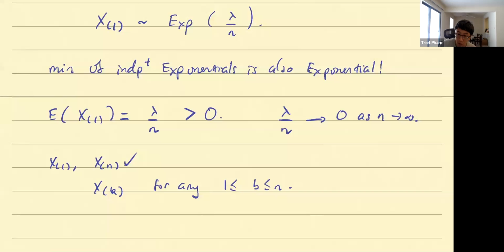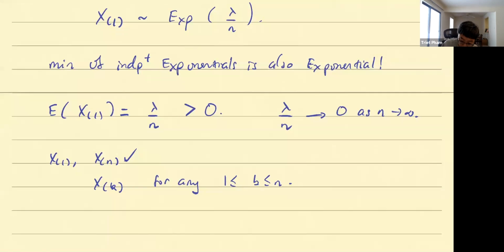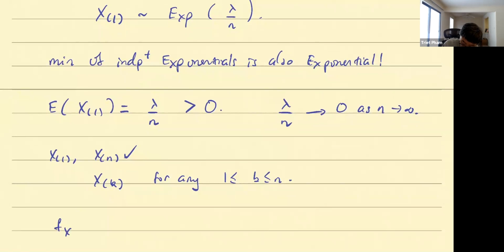Okay, so if you take the kth largest element in your sample, what is the density of this kth order statistic? This is the kth order statistic, the kth largest value in your sample. What is its density?